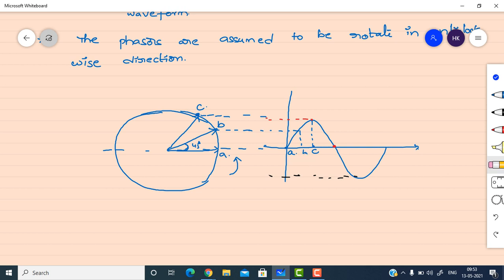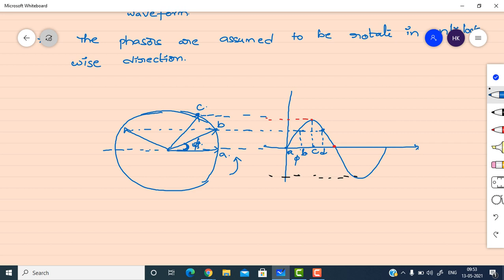The angle between A and B is phi. So the angle is nothing but the angular difference between these two. And this is the phasor position. And next, at this position, let us assume this is D. This will be your phasor.